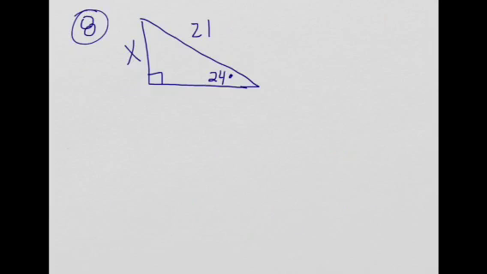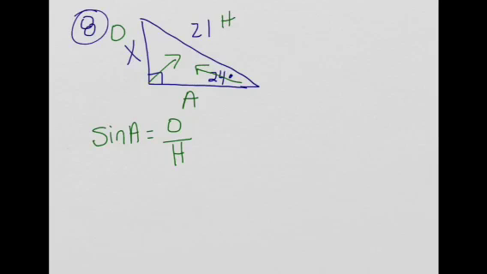0.4167. Now we're going to use the sine to actually find a missing part of the triangle. So the first thing we're going to do is label the parts. So we have the hypotenuse. We have angle 24, which makes this opposite, and this is adjacent. So if the two sides that I have a variable and a value for are opposite and hypotenuse, that must mean that I'm going to need to use the sine of A in order to solve the missing part.